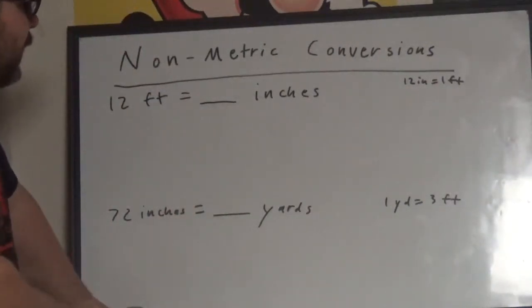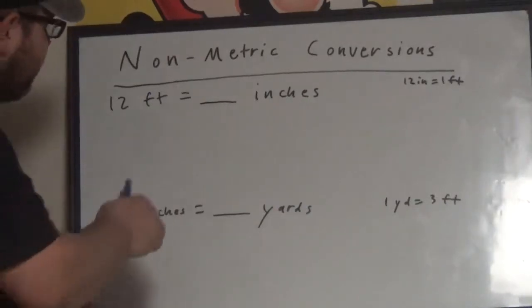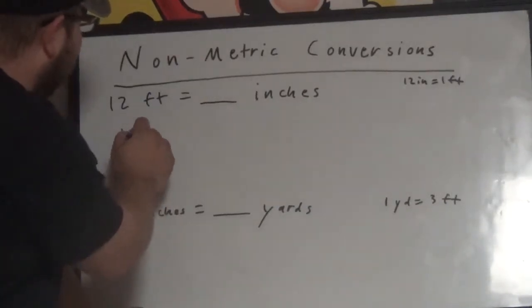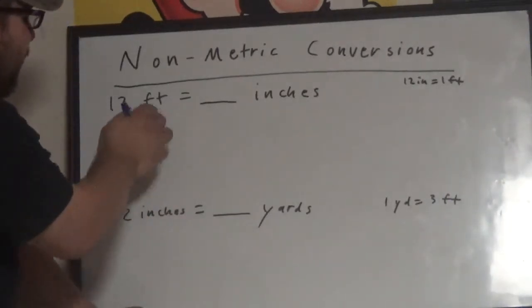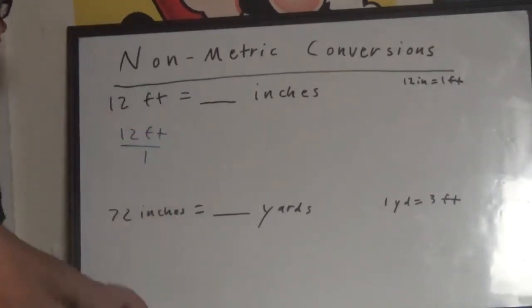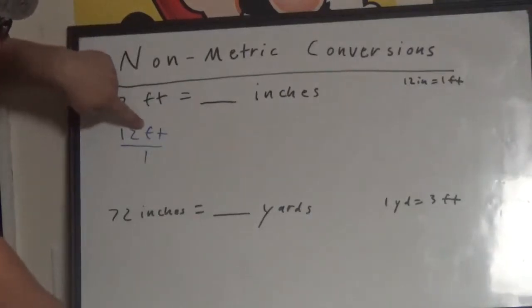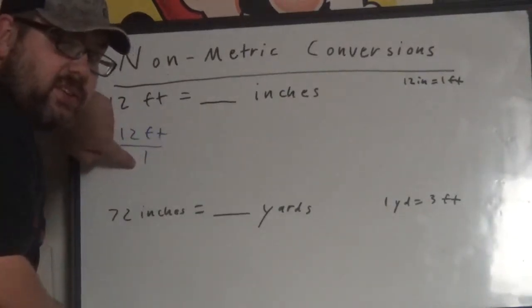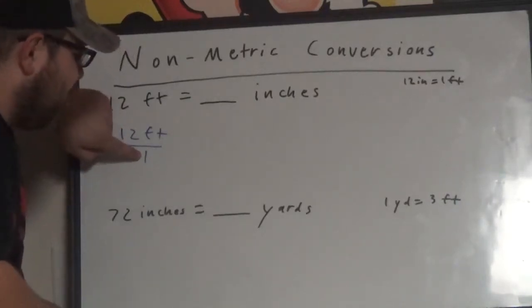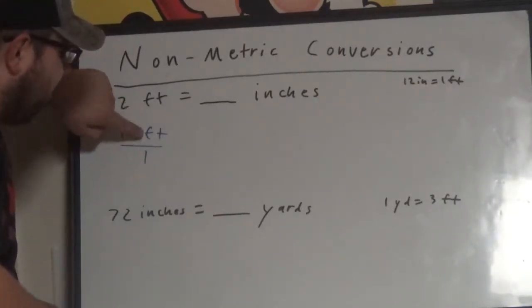When we are doing one of these conversions, I'm going to start by writing our starting value, 12 feet over 1. It's important you put the feet, and when you put it over 1, that it does not have any unit with it. It's just 12 feet over 1.